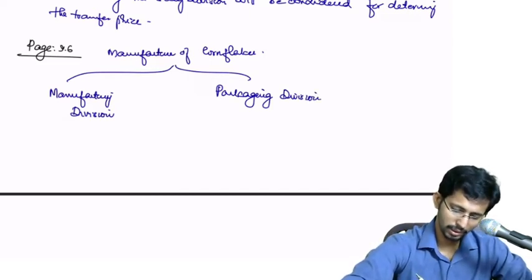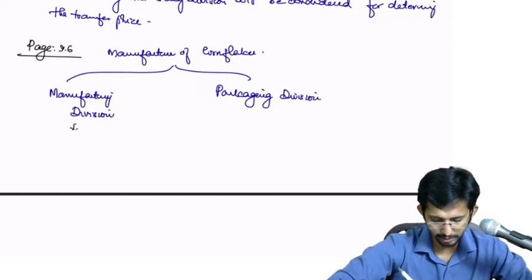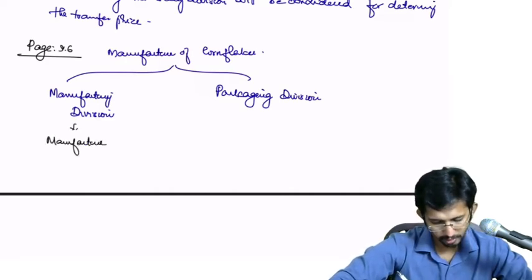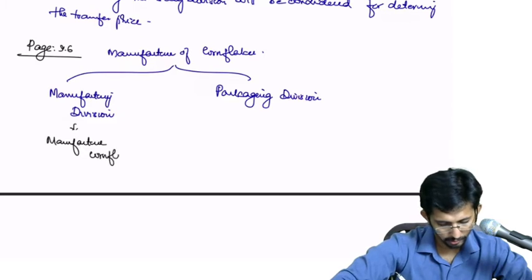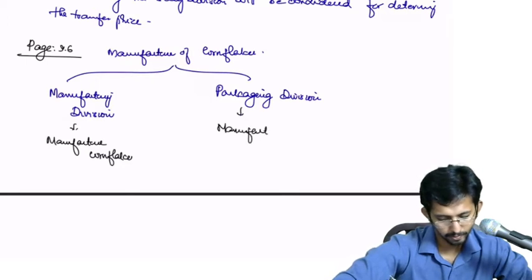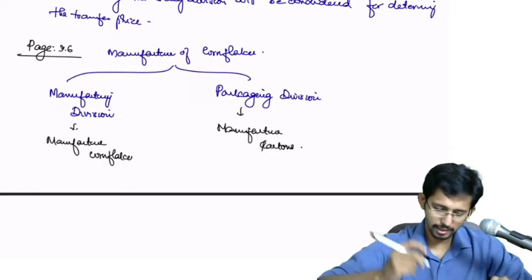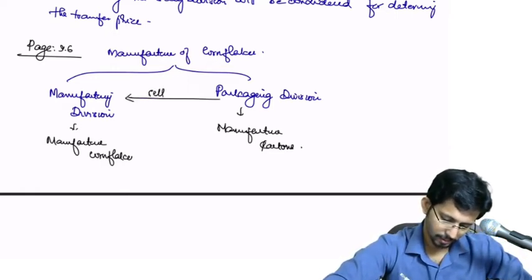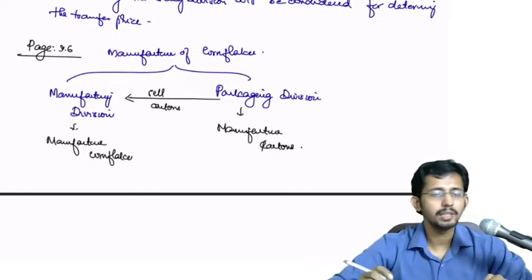What does the manufacturing division do? Manufacture cornflakes. The packaging division manufactures what? Cartons. And the packaging division sells cartons to the manufacturing division.